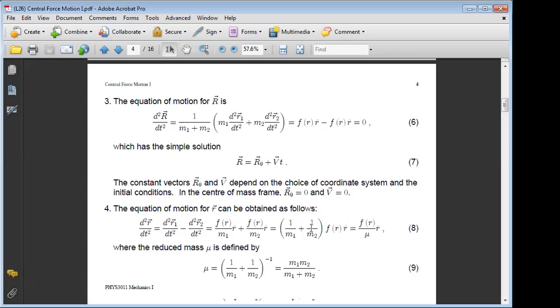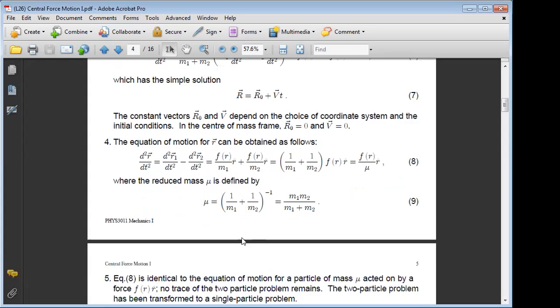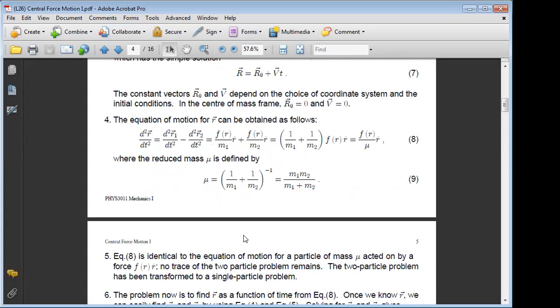Combining these two terms together, we have something like f(r) over mu, multiplied by the r unit vector. Here, mu is the reduced mass defined as in equation 9. So the whole problem becomes very simple.